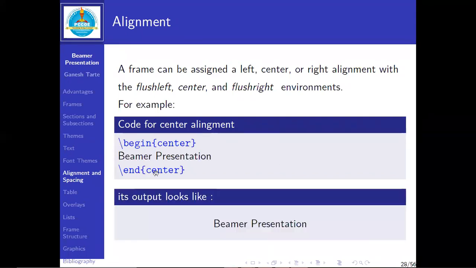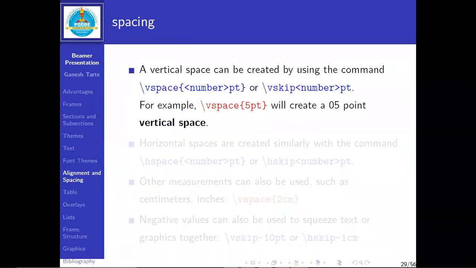So this Beamer presentation automatically goes to the center. Similarly, we can use begin flushleft and end flushleft, so it shifted that Beamer presentation to the left side and so on.